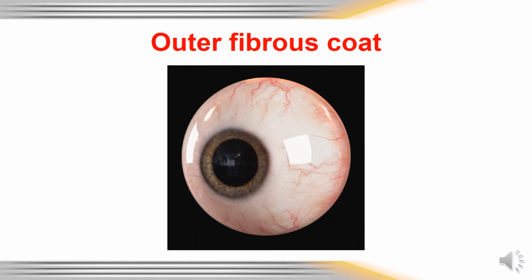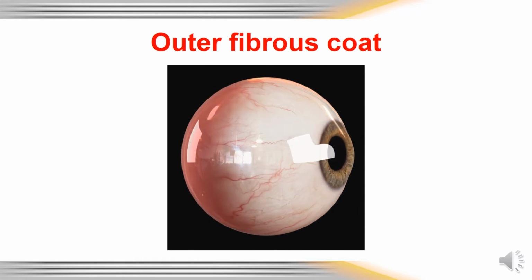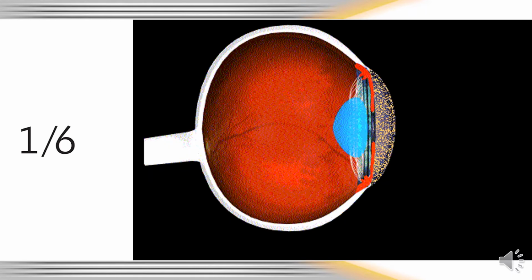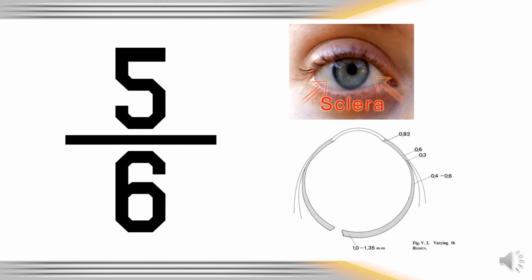As concerns the outer fibrous coat, the anterior one sixth is formed by the transparent cornea, and the posterior five sixths is formed by the opaque sclera.